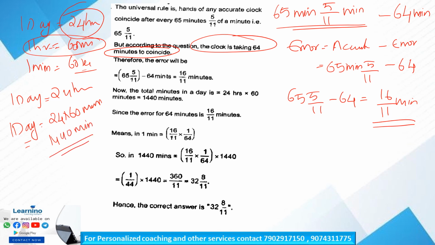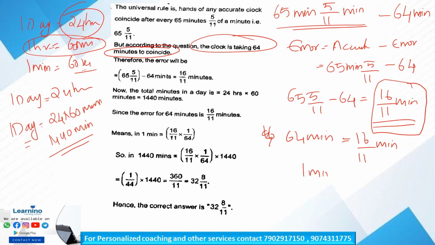Since for 64 minutes in our question the error is 16 by 11 minutes, for 1 minute it is 16 by 11 into 1 by 64.